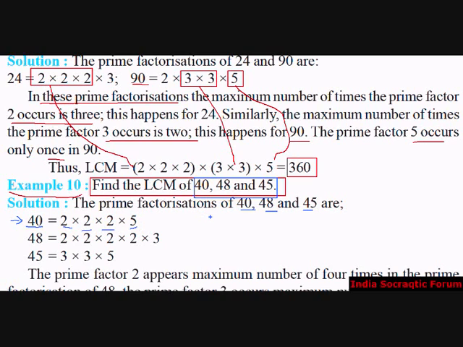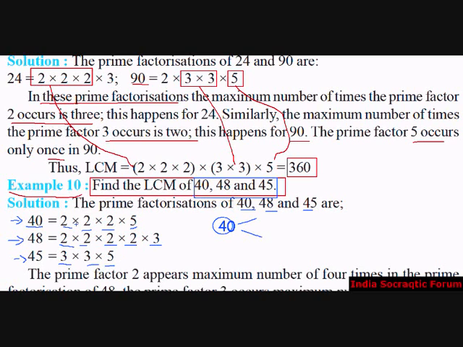Write it up, 40, and keep doing the branching method. Likewise, the second one is 48. If you do it the same way, you will end up getting 2 into 2 into 2 into 2 into 3. Third one is 45. If you do 45, you will get 3 into 3 into 5.